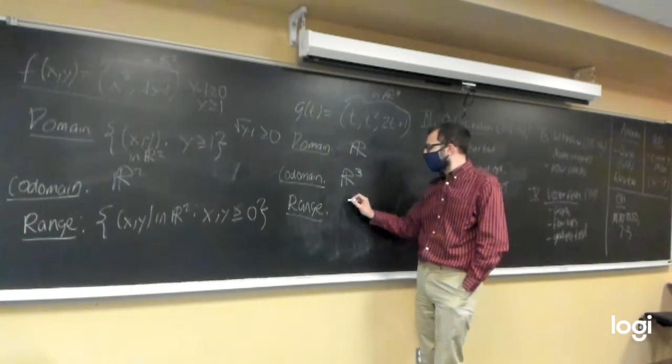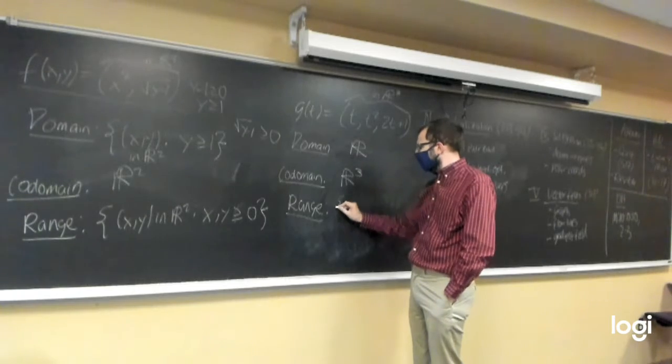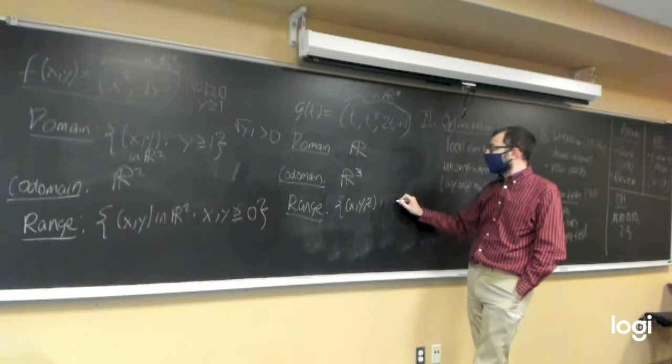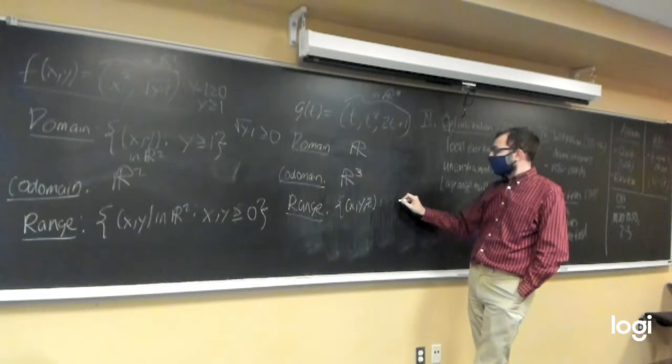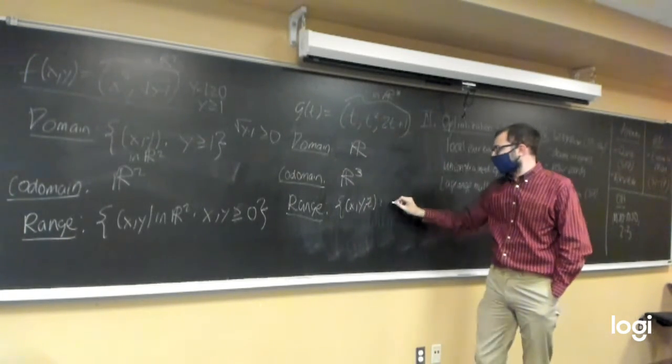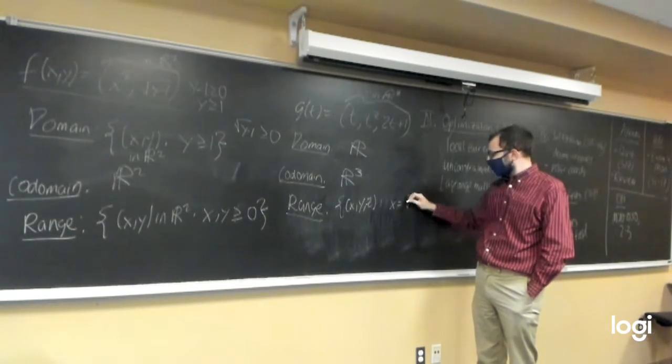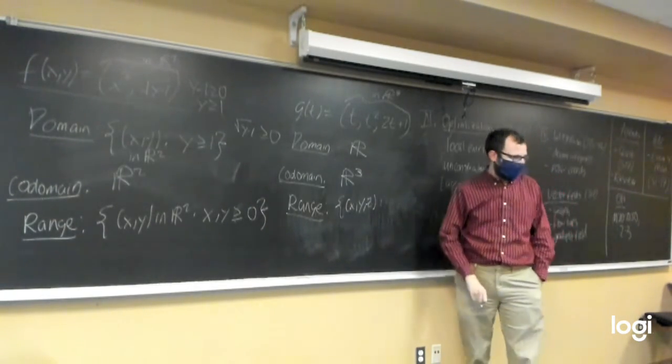You say that it's going to be x, y, z such that x is equal to the square root of y? Yeah, or y is x squared. I like the second one better.